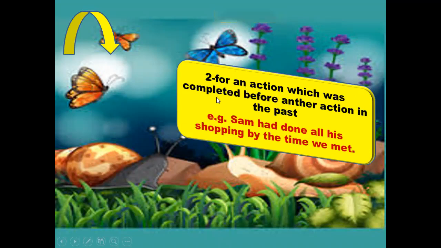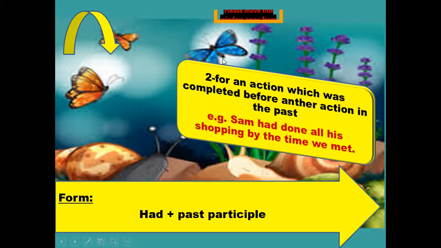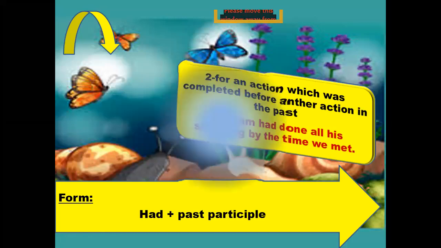The first use is when an action happened before a specific time in the past, and the second use is when two actions happened in the past, the first action must be in the past perfect simple tense. The form is had plus the past participle of the verb.